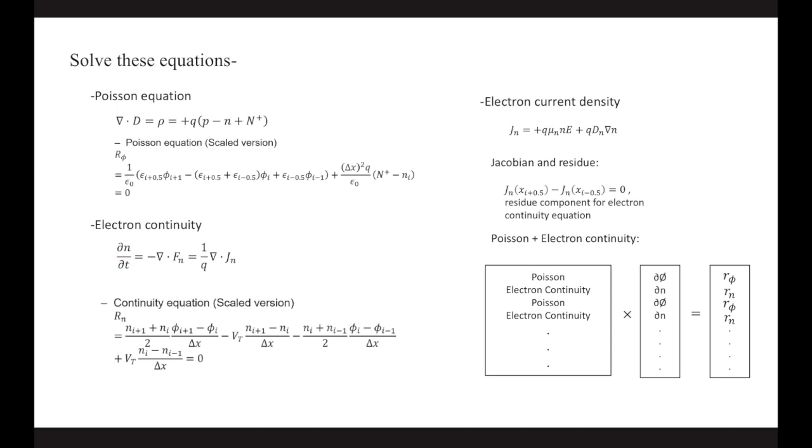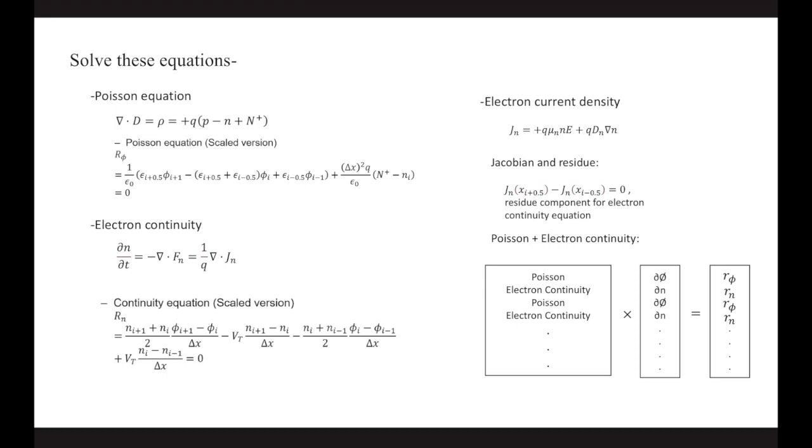But first, we assume the Poisson equation without the hole and electron density and discretize it to get the basic scale version in one dimension, which can also be done in two dimensions, in our case, by adding a y component. And then in order to calculate the electron density, we need to solve additional equations.